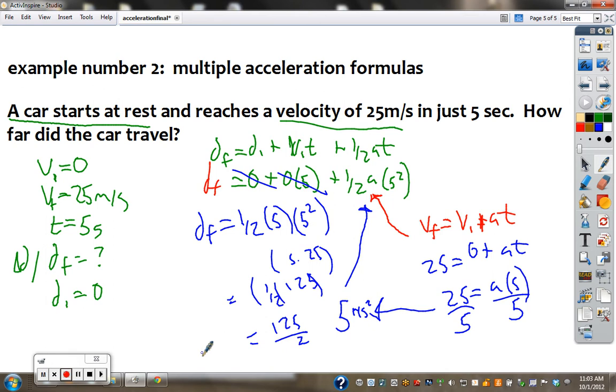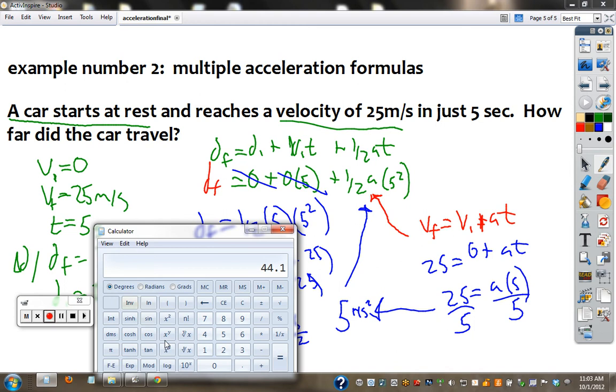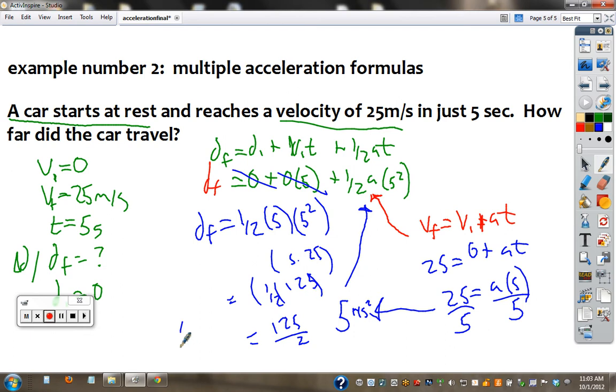I don't know what that is. 125 divided by 2, 62.5 meters. So to summarize, we made a list and picked out a formula, but we found out we were missing one more thing. So we had to solve for that thing first and then plug it into the other formula.